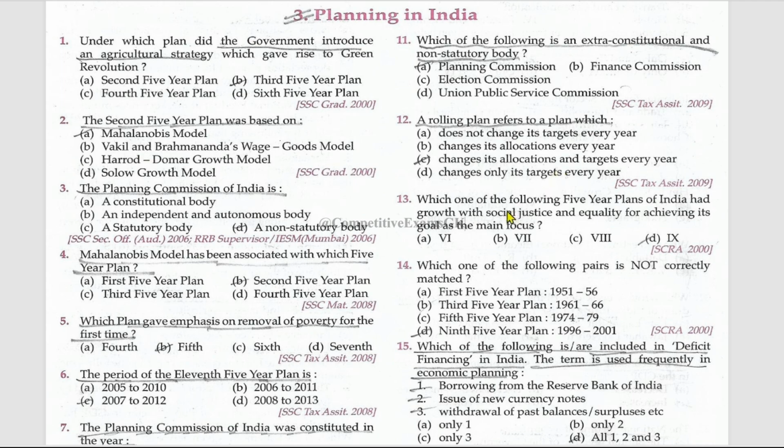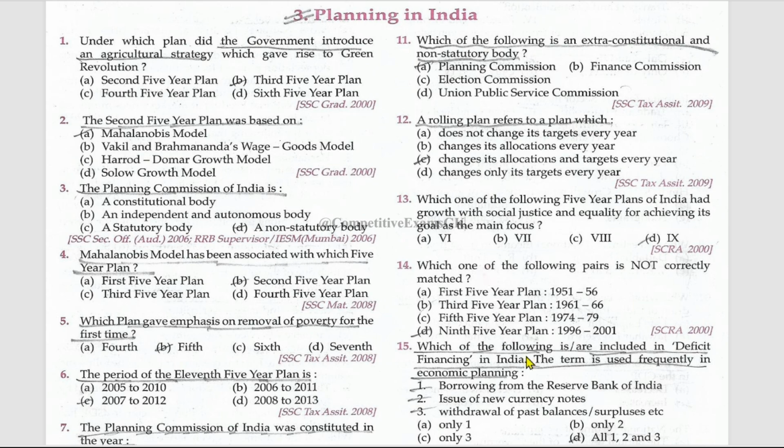Which one of the following five-year plans of India had growth with social justice and equality as its main focus? Ninth five-year plan. Which one of the following pairs is not correctly matched? First one 51 to 56, third one 61 to 66, fifth one 74 to 79, ninth one 96 to 2001.